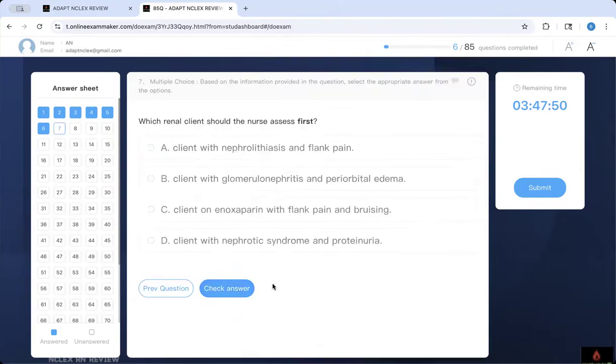For renal clients, which renal client should the nurse assess first? Same thing. Go for the buzzword and underline it, and then think about what is going on. Connect the keywords in the question. I call it buzzword to answer the question. A client with what? Nephrolithiasis, and so what? Flank pain. Okay. Client with glomerulonephritis, and so what?